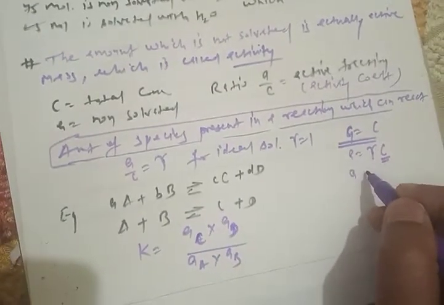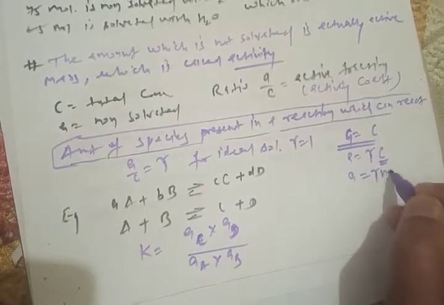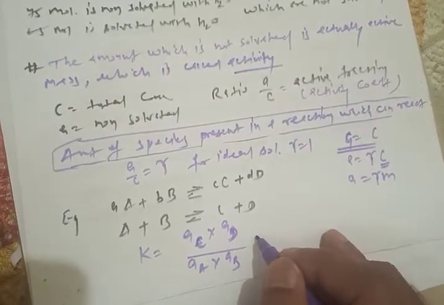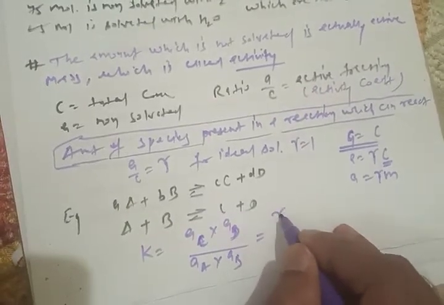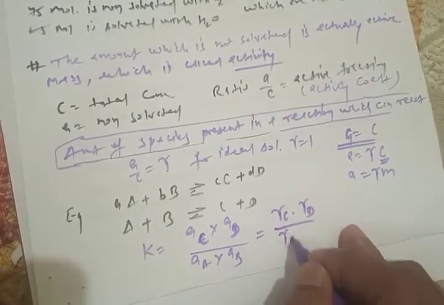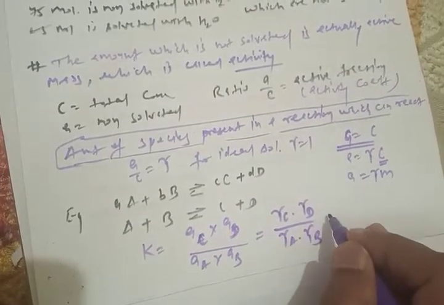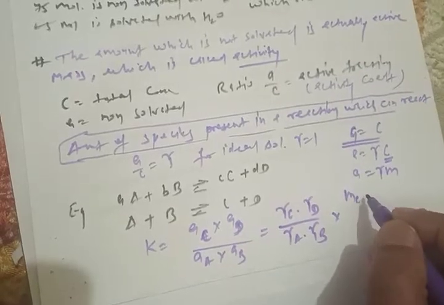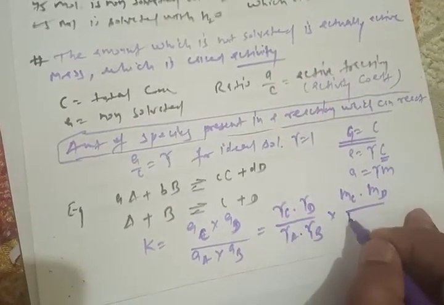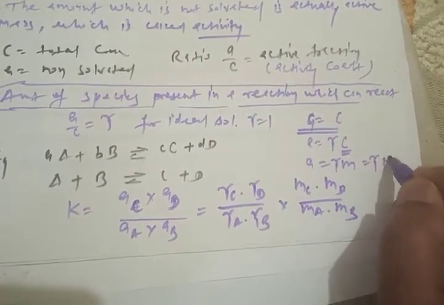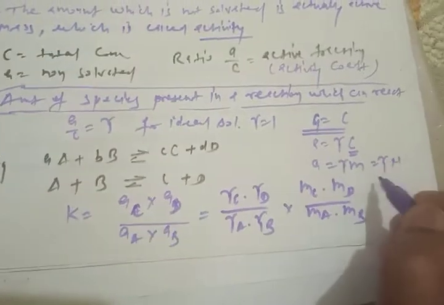If you are taking molarity or normality, whatever you are taking, suppose molality, small m, you will write it like this: gamma_C m_C into gamma_D m_D upon gamma_A m_A into gamma_B m_B. You can see the coefficient and then the molality of C, D, A and B. You can take normality here also, and if you take molarity, it will look like this.